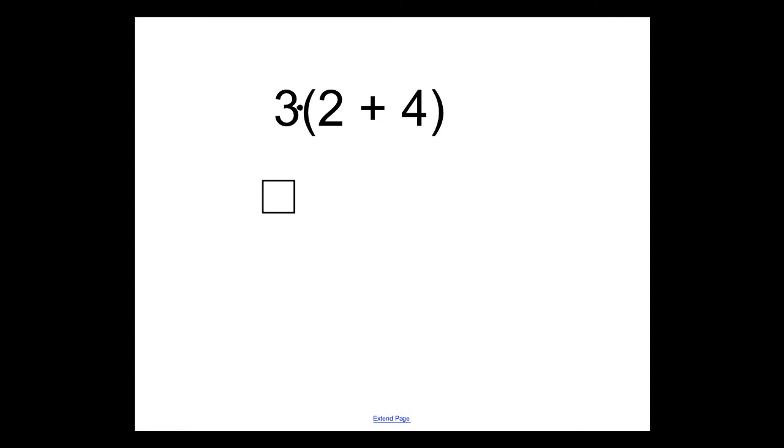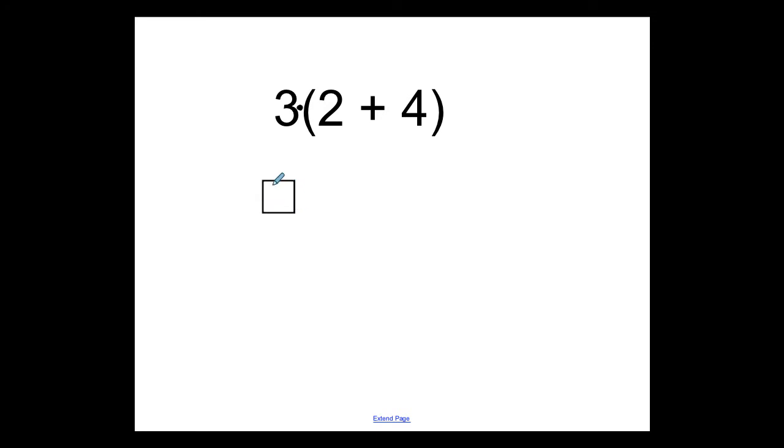So we're going to start off with an area model, and we start off with something called the unit square. Area is the number of square units that can fill up a shape without any gaps or overlaps.